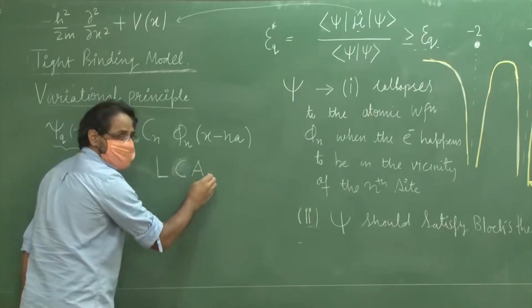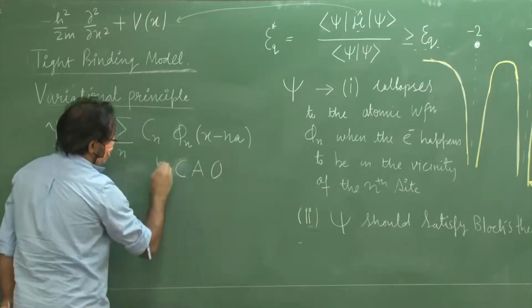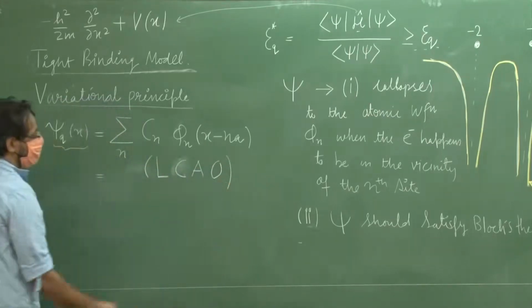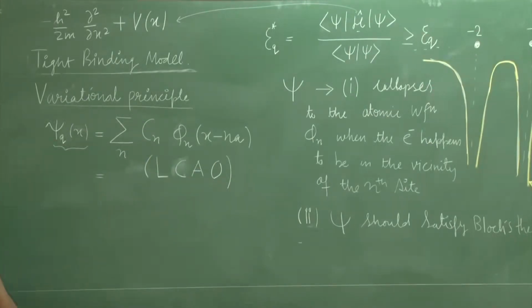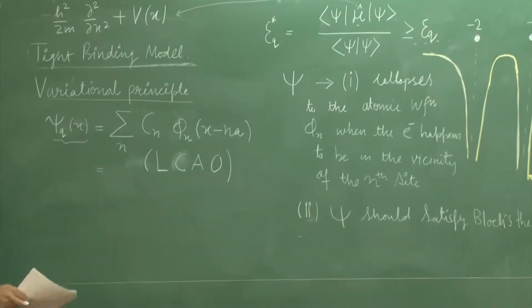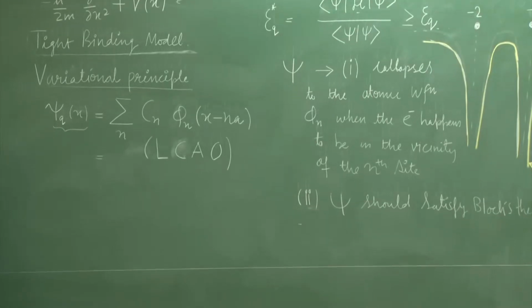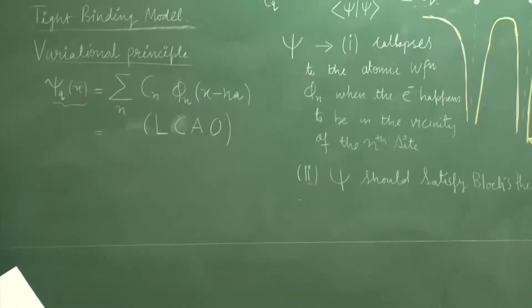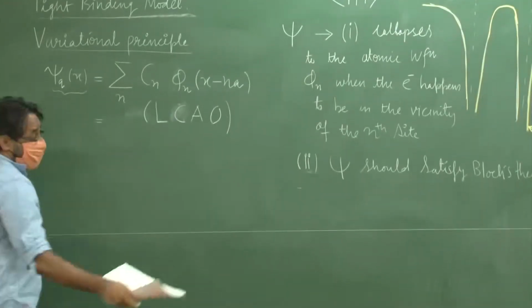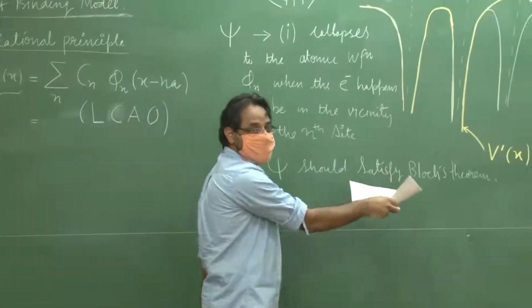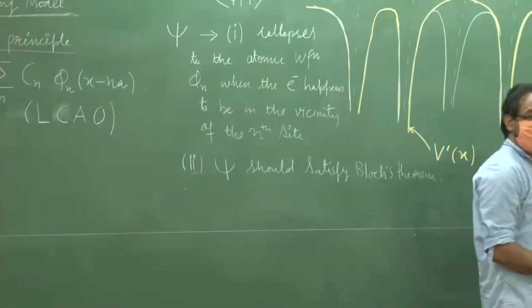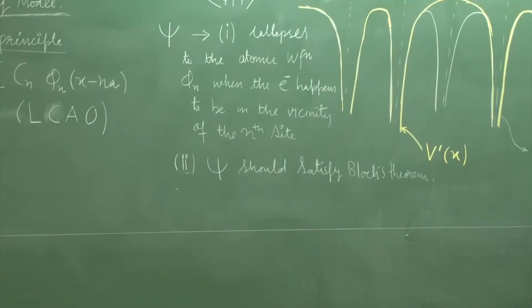Have you come across this LCAO? Very good. So, this is just an LCAO, and that is why this problem relates so closely to the problem of the hydrogen molecule. But it is different from the hydrogen molecule in the sense of this.